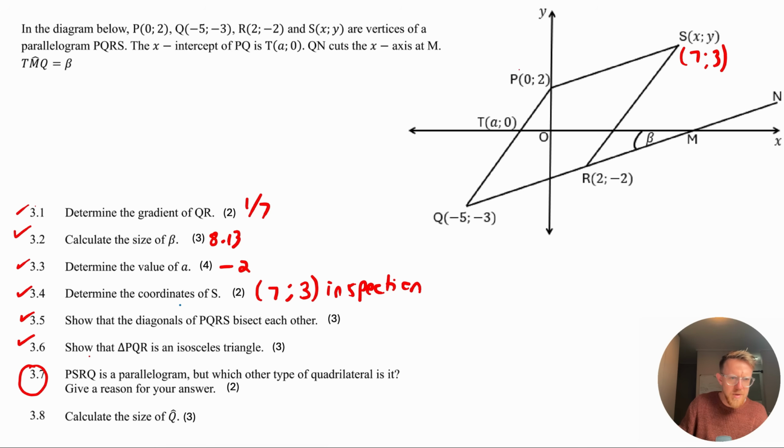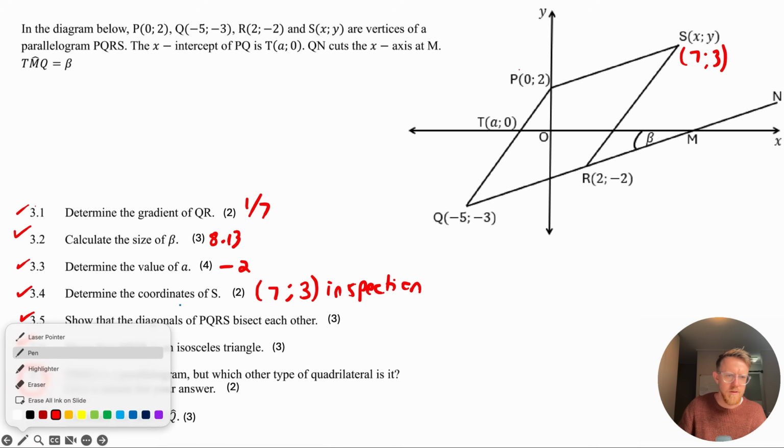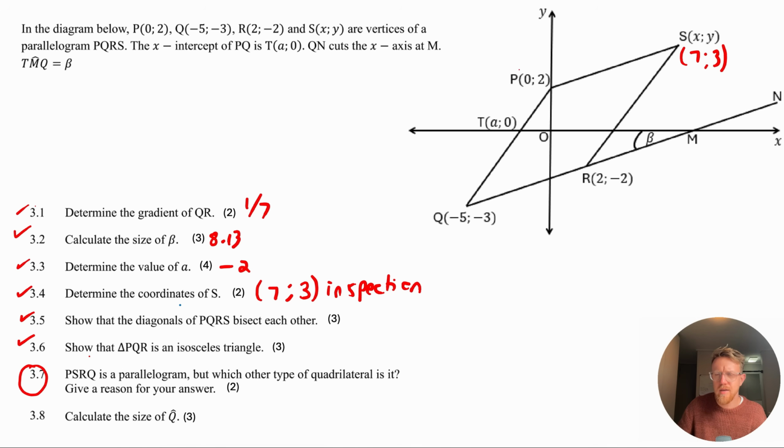This one, PSRQ, is the same one that we had earlier. PSRQ is a parallelogram. Yes, we knew about that already, thanks. But which other type of quadrilateral is it? Give a reason for your answer. Well, it's definitely not a square because squares would have 90 degrees over there.